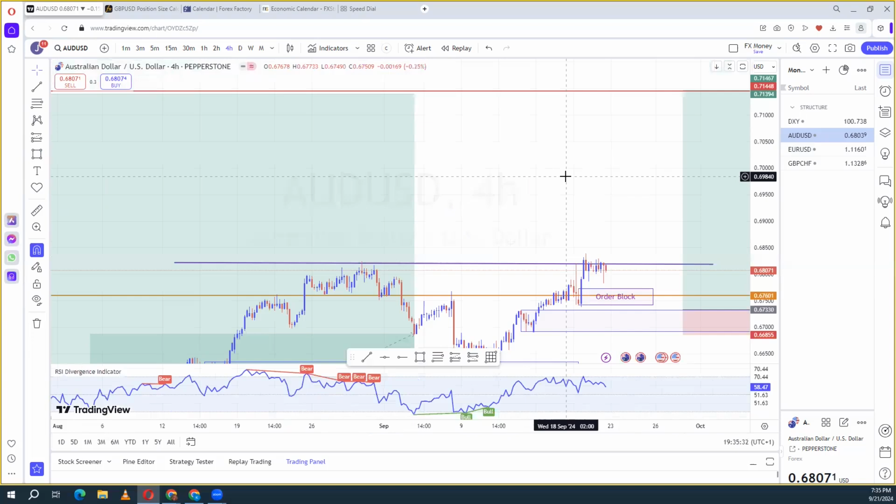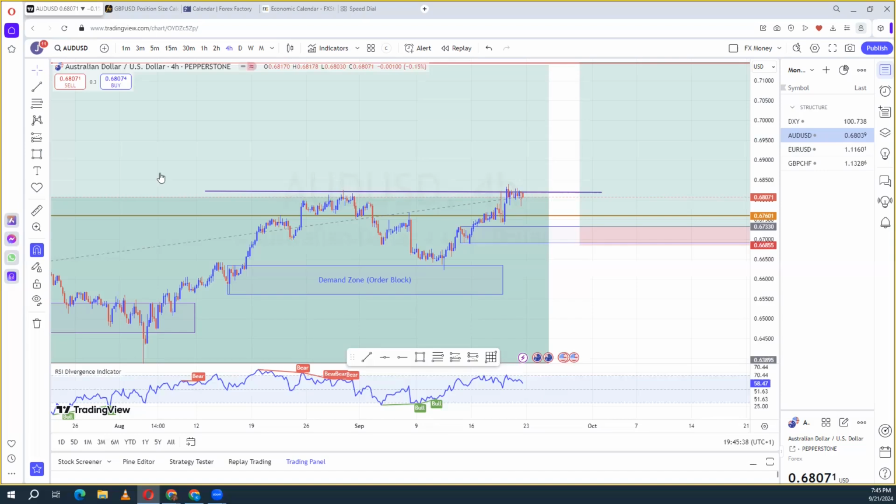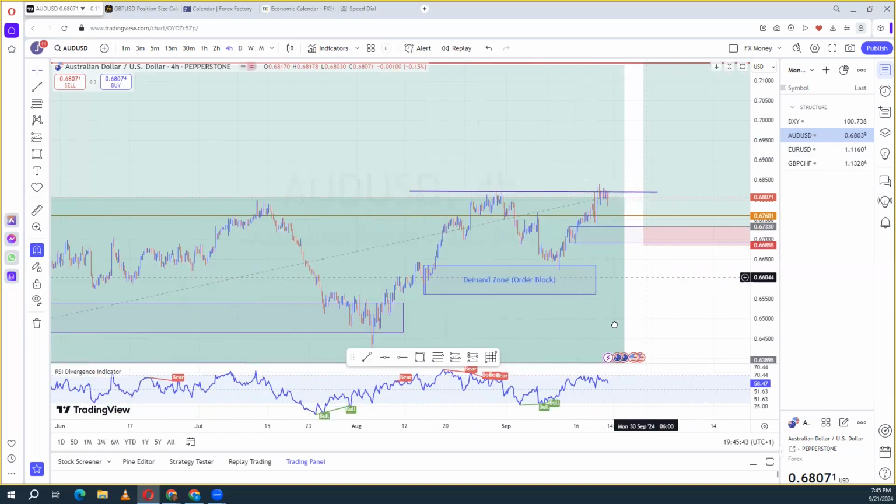So with these few points of mine, I was able to show you that it doesn't just work on volatility pairs, it works on currency pairs as well. The only thing you need to be very careful about is the news. Like I said, if you are trading currency pairs, we'll be looking for buys. You can look to get in on this.